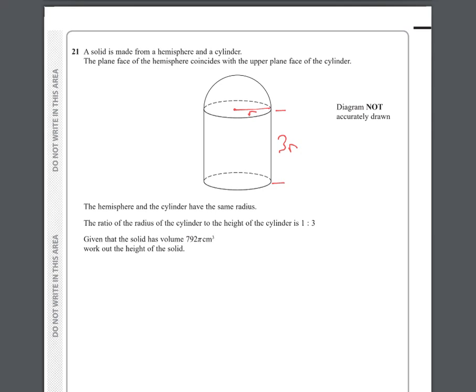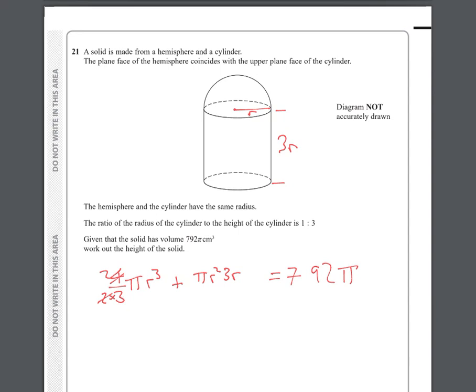So let's do the sphere first of all. The sphere is 4/3 pi r cubed, divided by 2. So it's actually only going to be 2/3 pi r cubed. That's the hemisphere, plus pi r squared times h, which is 3r. And all of that's got to equal 792 pi.